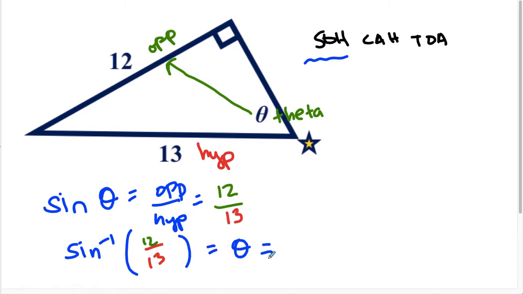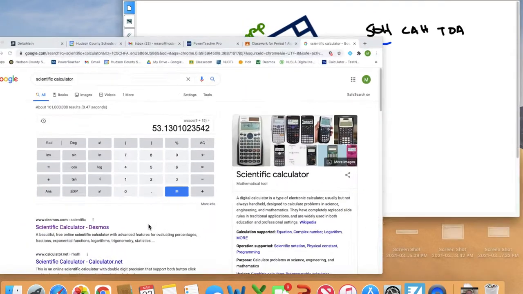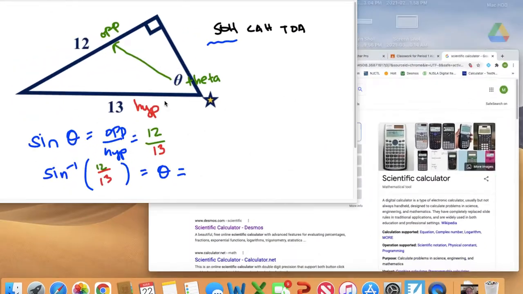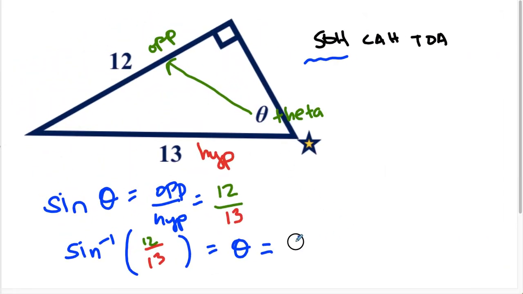So let's go back to the calculator, and we're going to do inverse sine of 12 over 13. And now I should get my angle, 67.38. So 67.38 is your answer. Fairly easy, I hope.